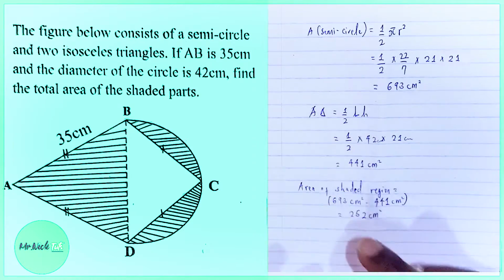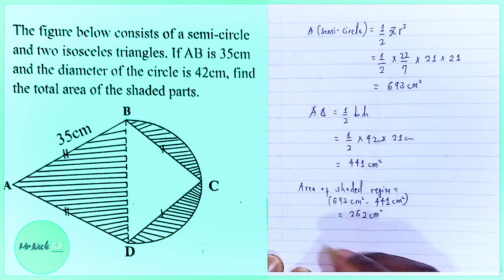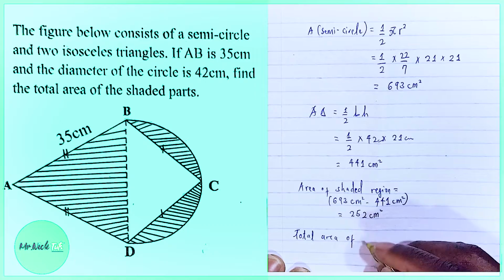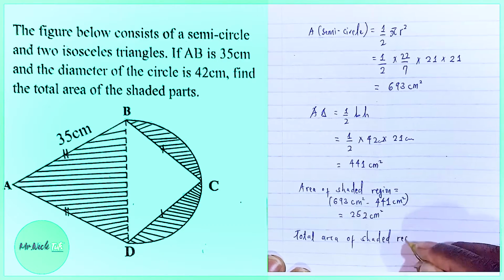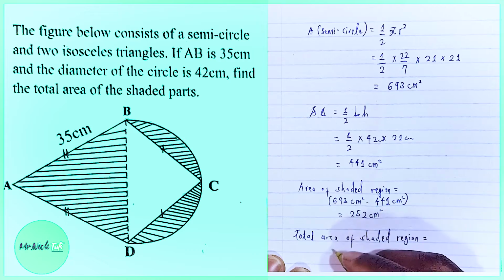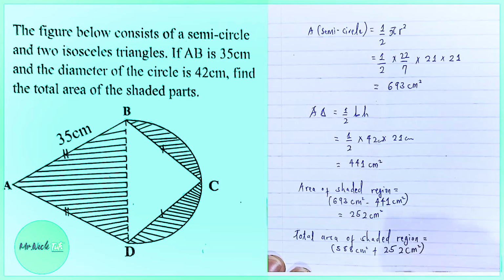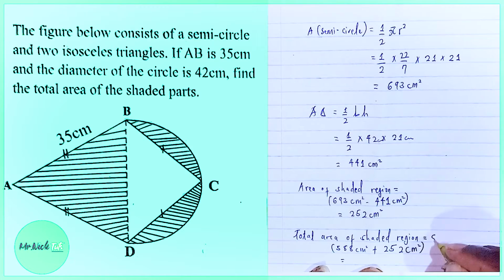So for us to get the total area of the shaded region, we'll add 588 square centimeters to 252 square centimeters. So the total area of the shaded region will be equal to 588 square centimeters plus 252 square centimeters, to give us 840 square centimeters.